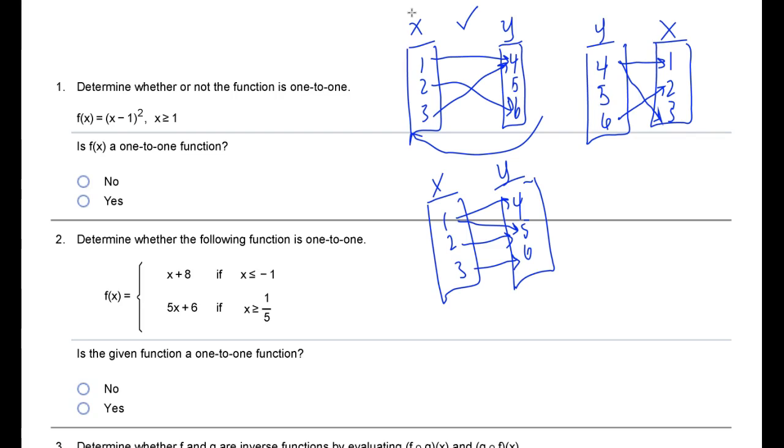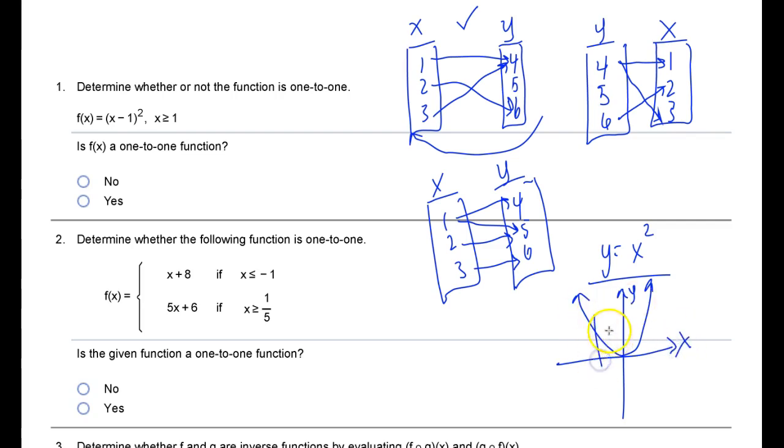In terms of the graph, we know that we have a graph of a one-to-one function whenever that graph passes both the vertical line test that you're probably already familiar with and the horizontal line test. For example, y equals x squared looks like this.